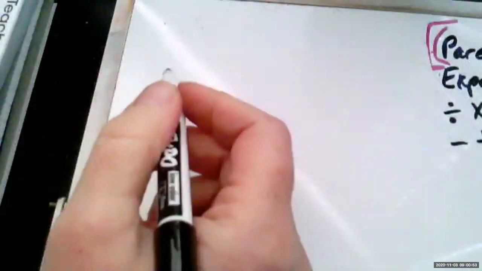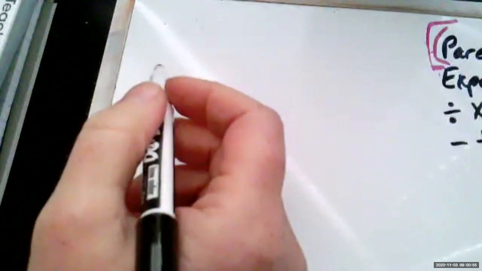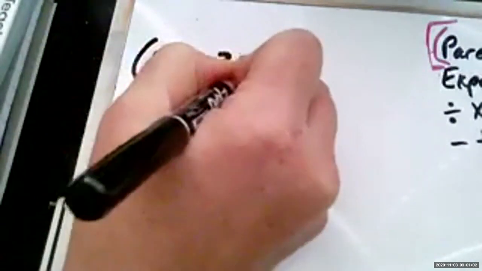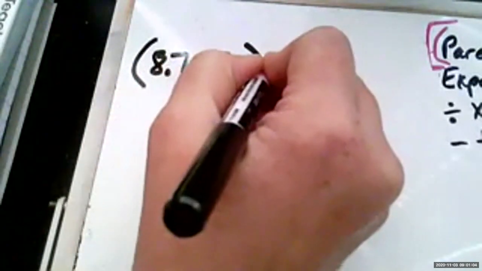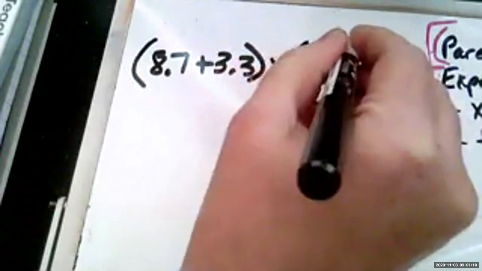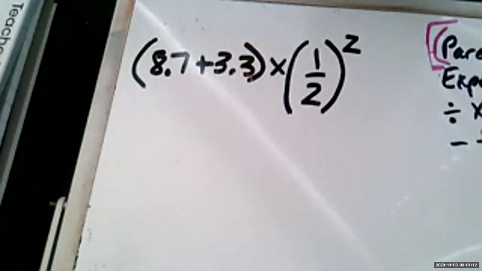It's fine. Okay, this one's not terrible. This one's pretty terrible. Okay, we'll do this one. How about 8.7 plus 3.3, in parentheses, times, here we go, another parentheses, 1/2 to the second power.